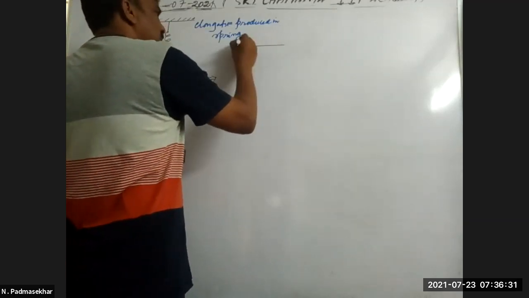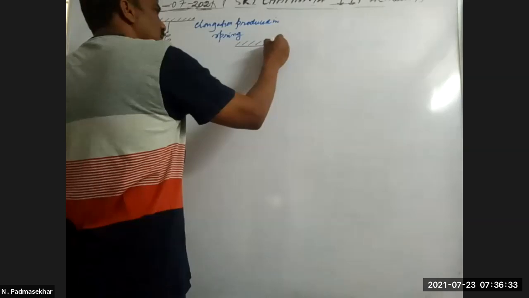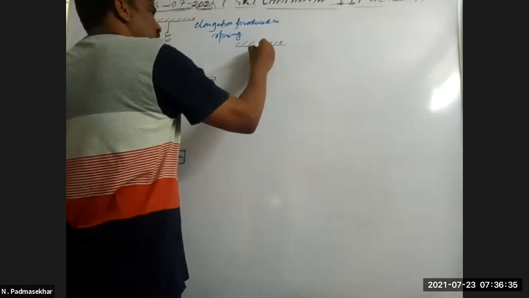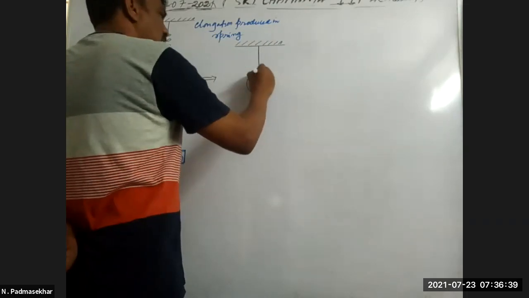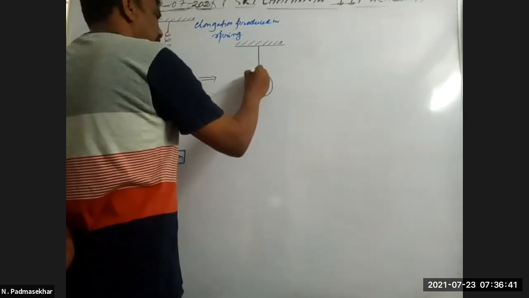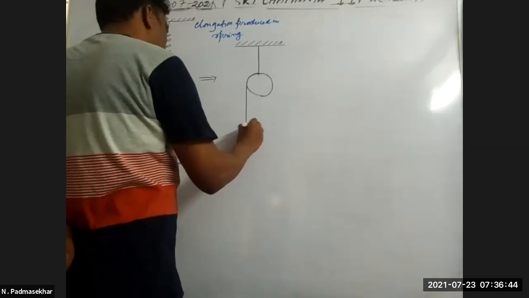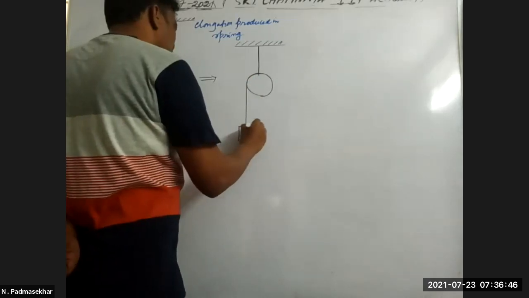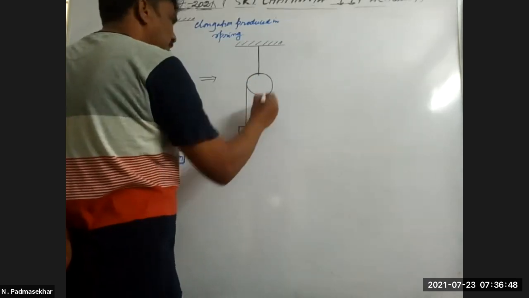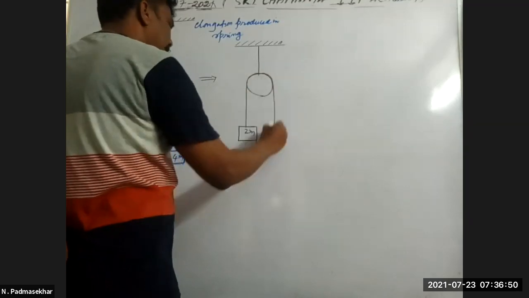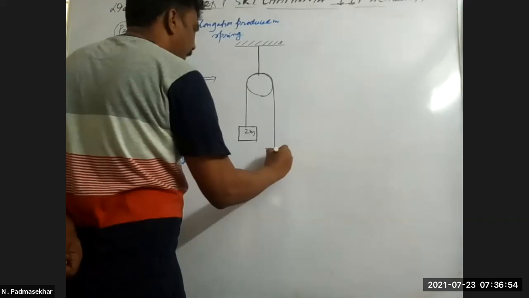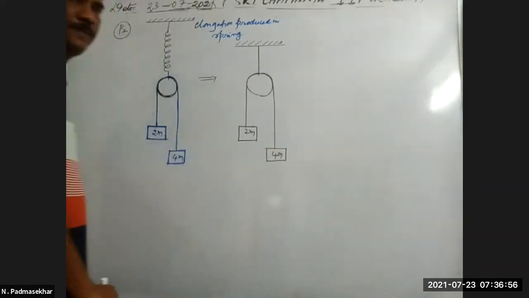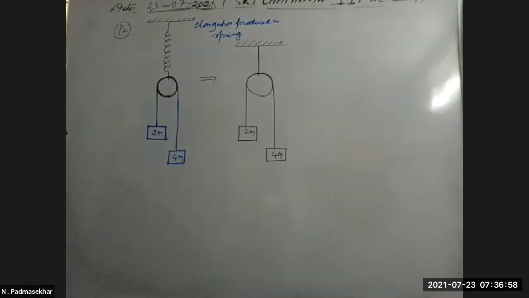And you see, this is the string, and here there is a pulley. This is mass 2M, and the masses are M, 2M and 4M.